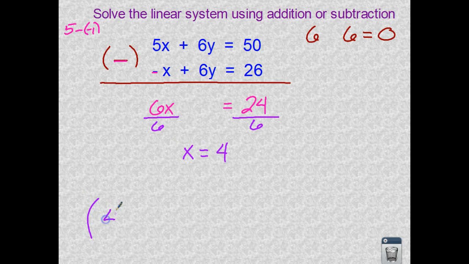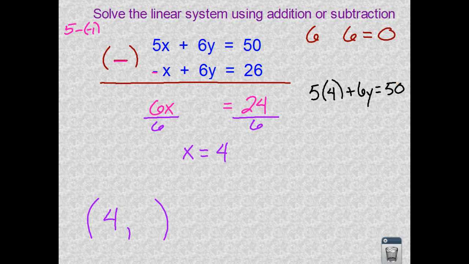Let's go figure out what the y value is using the basic substitution method in either one of these equations, and it doesn't matter which one. So let's take the first one. All right, 5 multiplied by x, which is our 4, plus 6y equals 50.